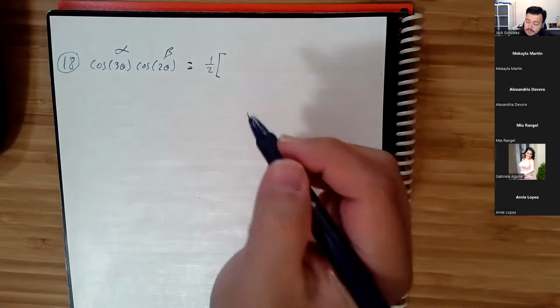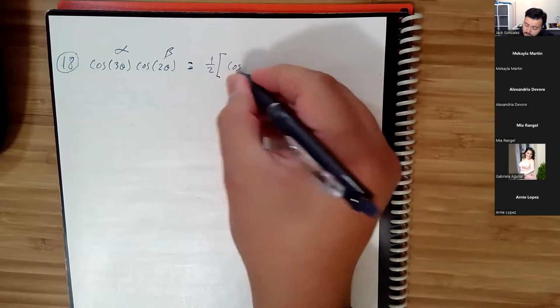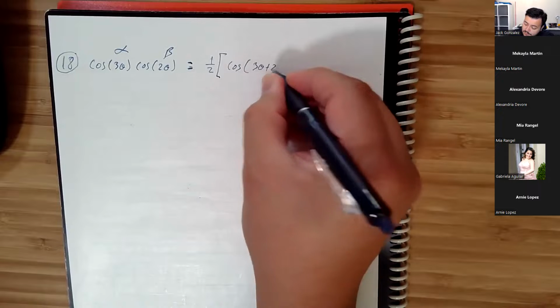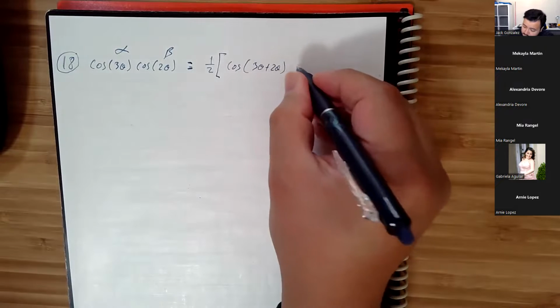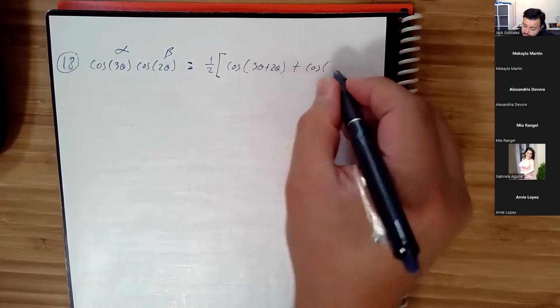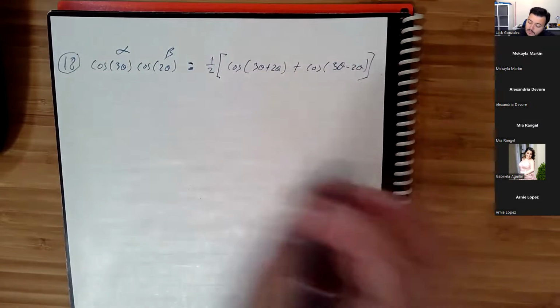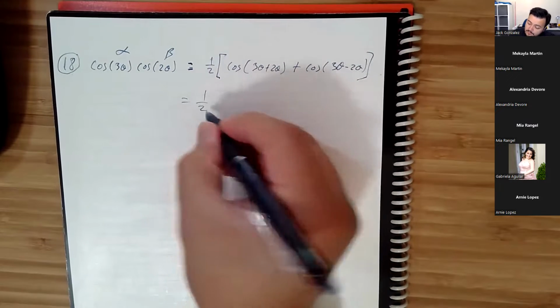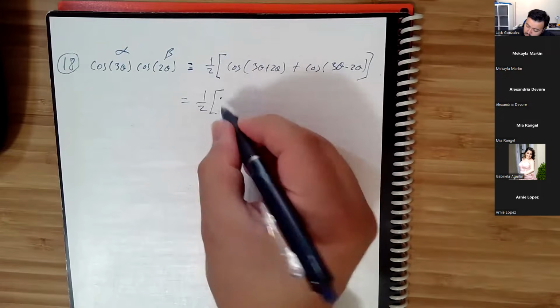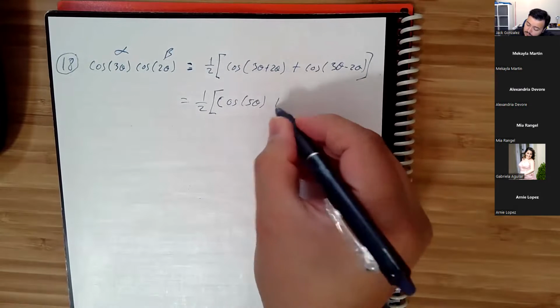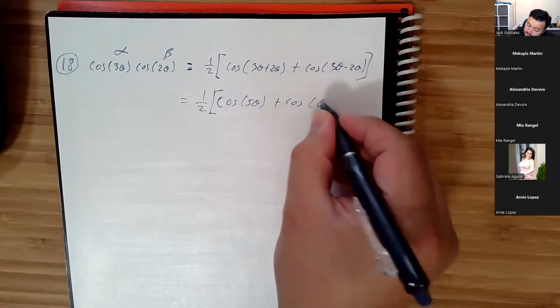Formula says it's going to be 1/2 times cosine of alpha plus beta, so 3 theta plus 2 theta, plus cosine of 3 theta minus 2 theta. So that'll give me 1/2 cosine of 5 theta plus cosine of theta.